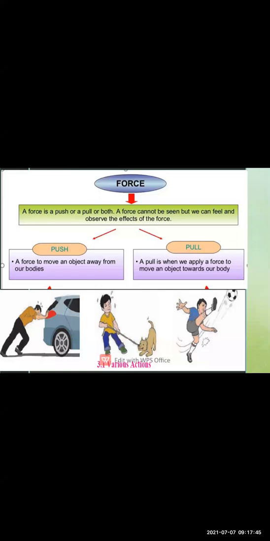For example, when you kick the ball, you push the ball away from you, that is pushing. Then pulling, when you are drawing water from the well, or when you take the dog for a walk and he's not coming with you, at that time you apply pulling force. So this is the difference between push and pull.